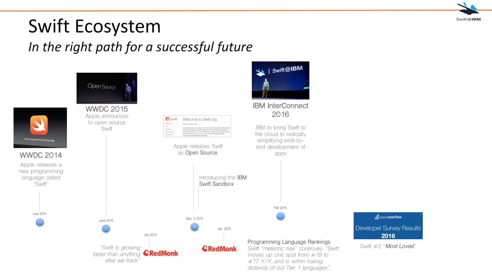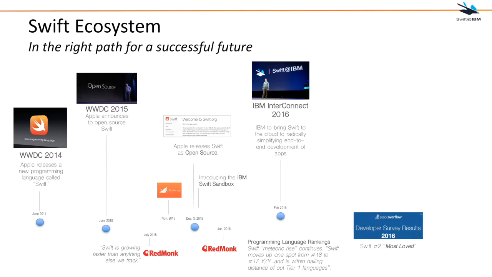The ecosystem around Swift has also been evolving, so in addition to IBM Sandbox, there were other cloud infrastructures built around it. For example, in 2015, Perfect.org introduced a web cloud environment for Swift, in addition to other infrastructures that are being developed.